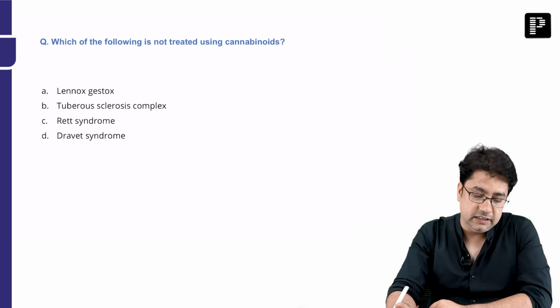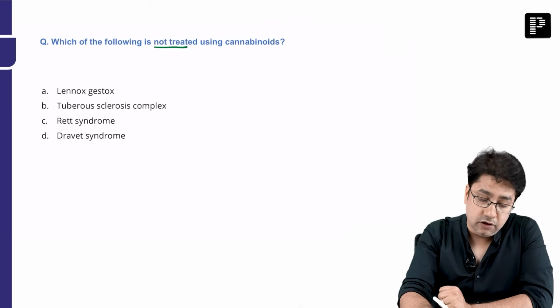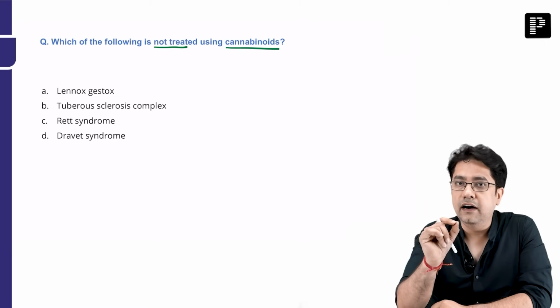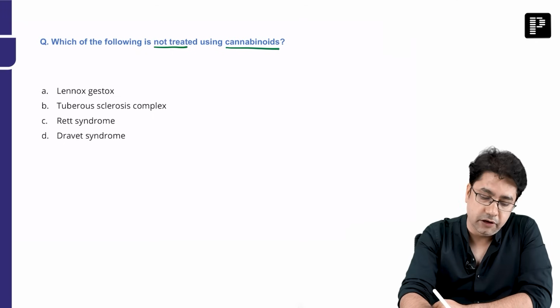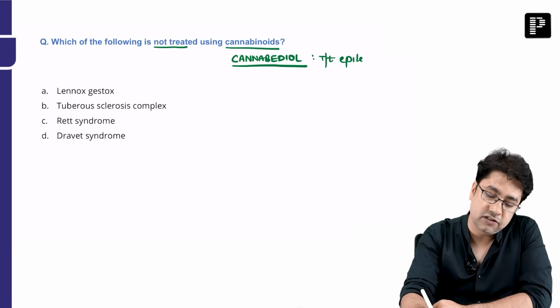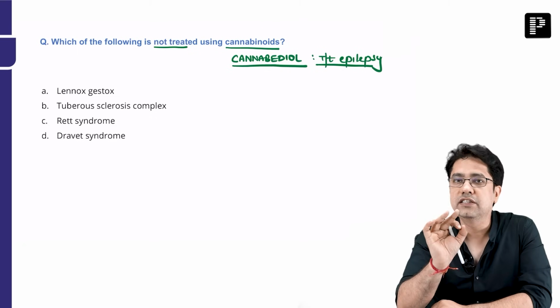So the next question is, which of the following is not treated using cannabinoid? Now, recently a drug derived from cannabinoid has been developed, known as cannabidiol, and it has been approved in the treatment of seizures or epilepsy. It has been approved in 3 rare epilepsy causes.